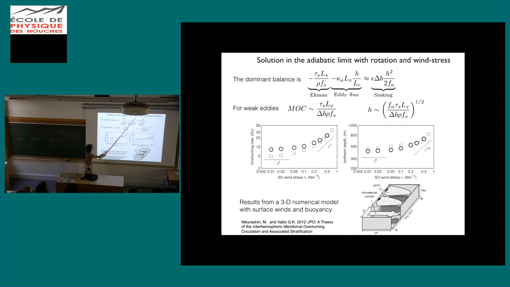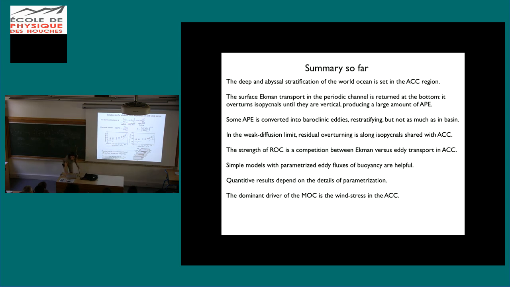If you completely ignore these for a moment, then the strength of the circulation is directly proportional to the wind stress in the Southern Ocean. And so here are some numerical simulations to verify this scaling, again performed by Nikurashin and Vallis in this limit.